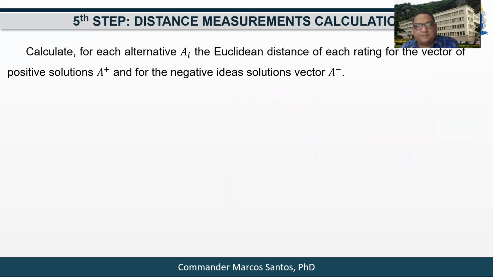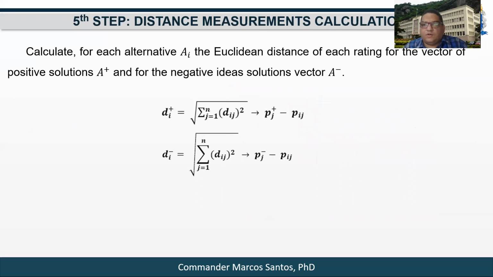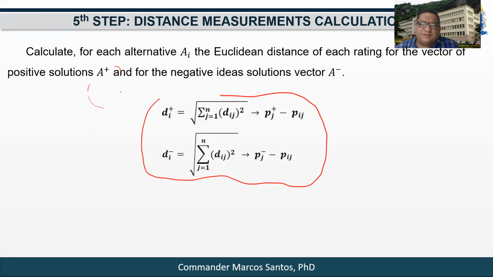So, next step. Now, we must calculate for each alternative the Euclidean distance of each rating to the vector of positive ideal solutions, positive A, and then to the negative ideal solutions, vector negative A. These expressions look a little bit worrying.